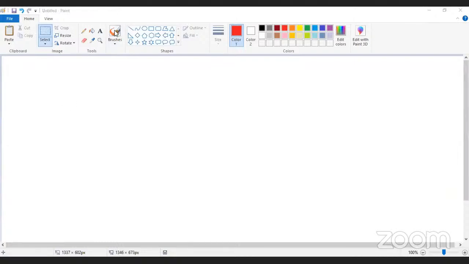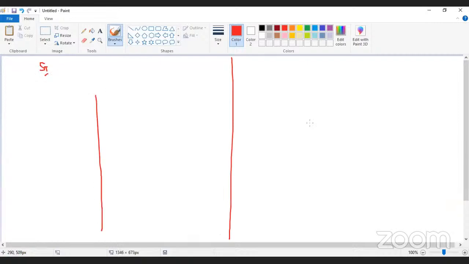Fine. So first one, I'll just give you a very simple question. I'll split the box into two. One is simple interest, with formula and without formula. Another one is compound interest, that is also with formula and without formula.